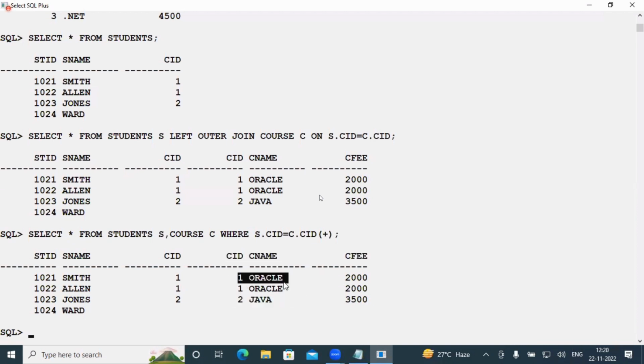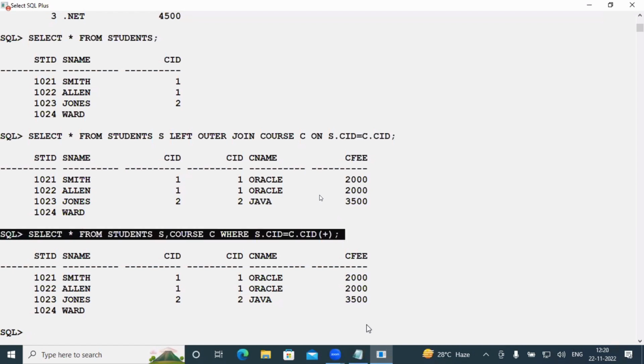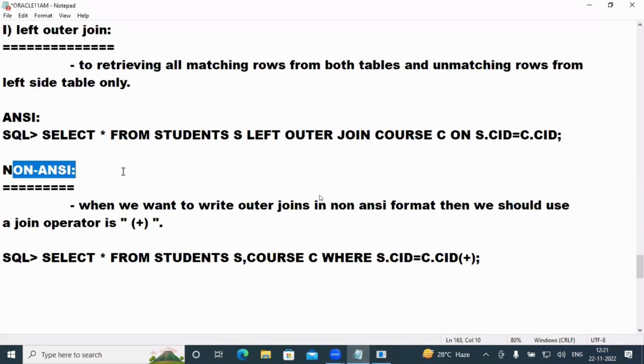Matching data or unmatching data? Yes, matching data will come here. So this is what happens. Right, this is the way I'm using it in non-ANSI.